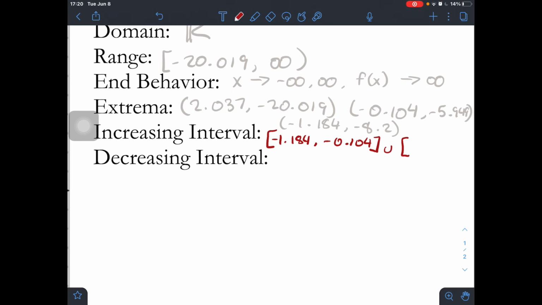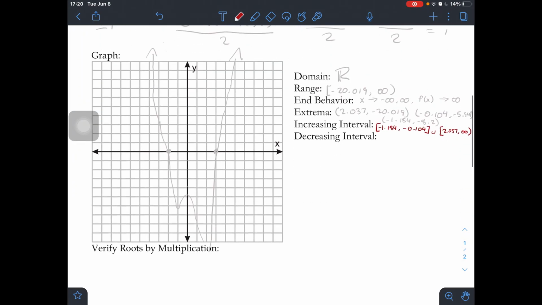And then obviously you have 2.037 to infinity. The decreasing interval is going to be this whole thing right here, as well as this little bit right here.